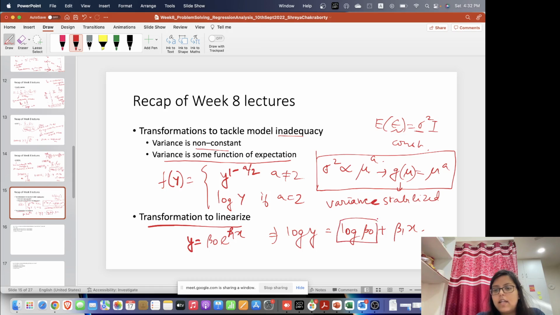This one we can write as some beta naught star, and this as some y star. Then this transformation will again make the equation linear in parameters. So these transformations we also learned in the second lecture of week 8.